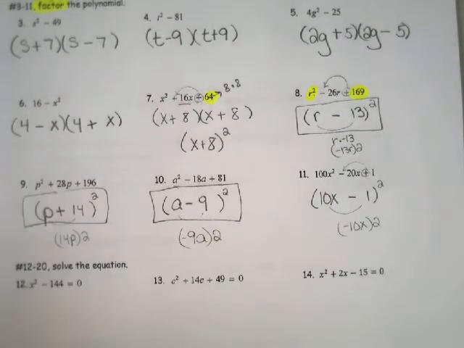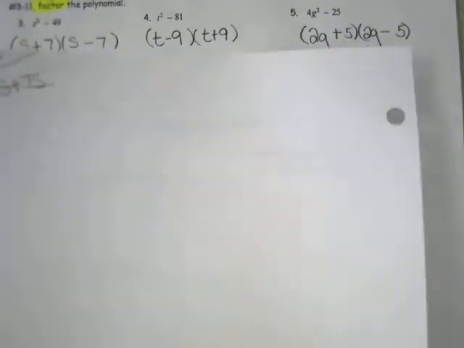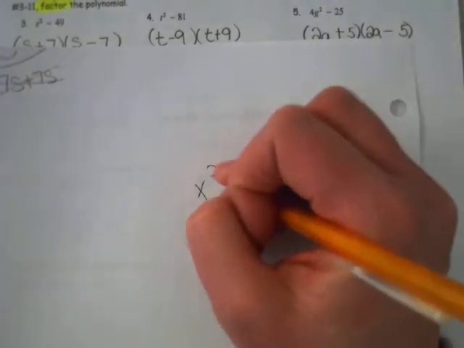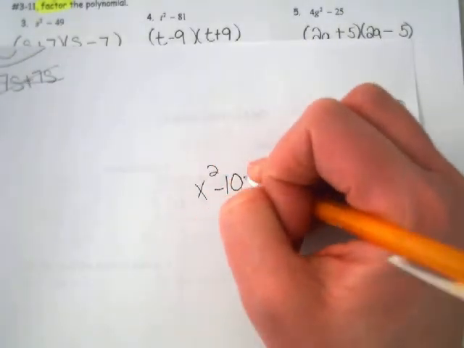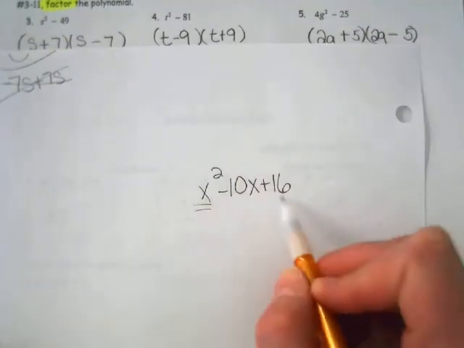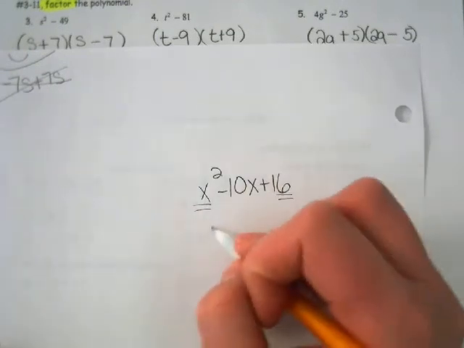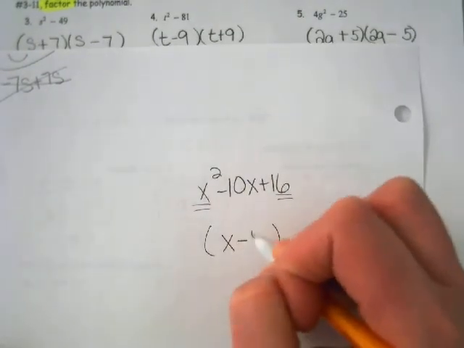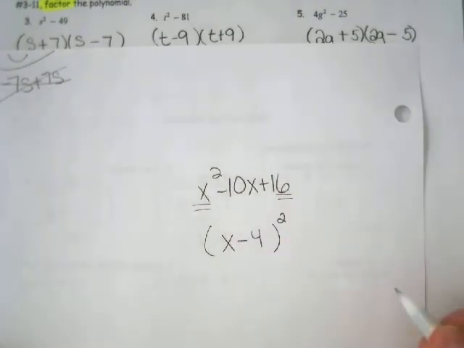I really, really want you guys to be careful here, because what happens if they had given you a problem that was x squared minus 10x plus 16? This is kind of a trick, because when you look at this, the first term is perfect and the last is perfect.